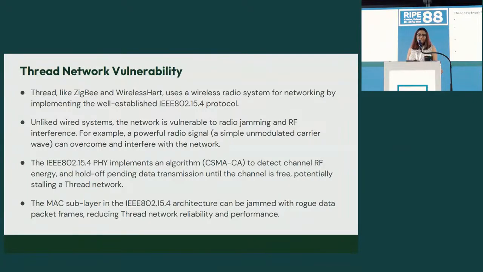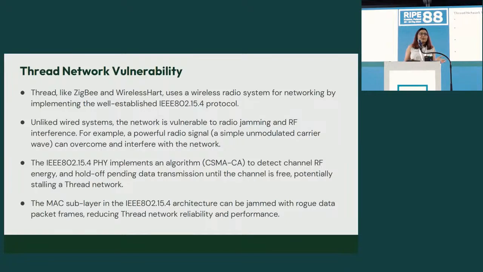So now let's come back to the thread network vulnerability, because like thread, like Zigbee, Wireless HART, or other 802.15.4 based protocols all have the vulnerabilities which they had at the physical layer. So thread also has that vulnerability at the physical level.